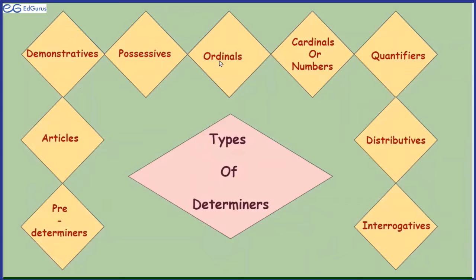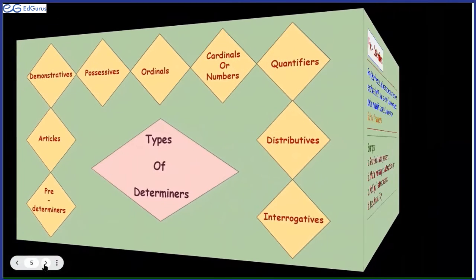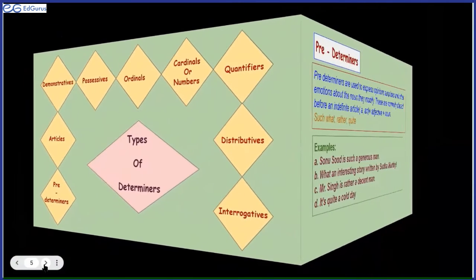Possessives, ordinals, cardinals, quantifiers. Quantifiers, as the name suggests, stand for quantity. Distributives and interrogatives, how the determiners are used in questions. Got it? Yes, ma'am. Okay, let's go to the types of determiners now.